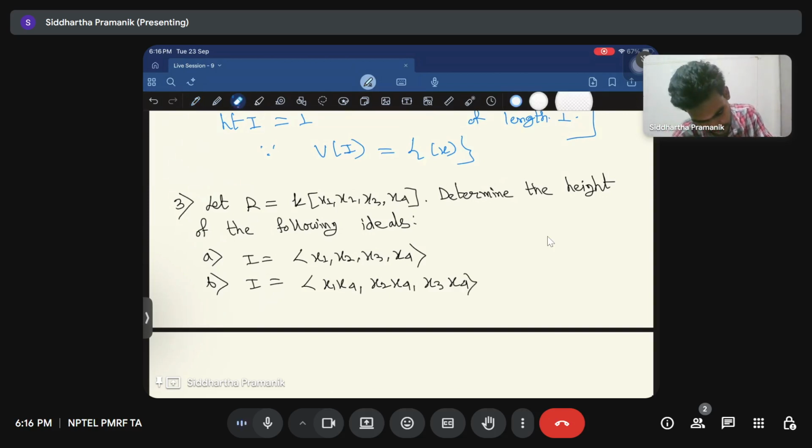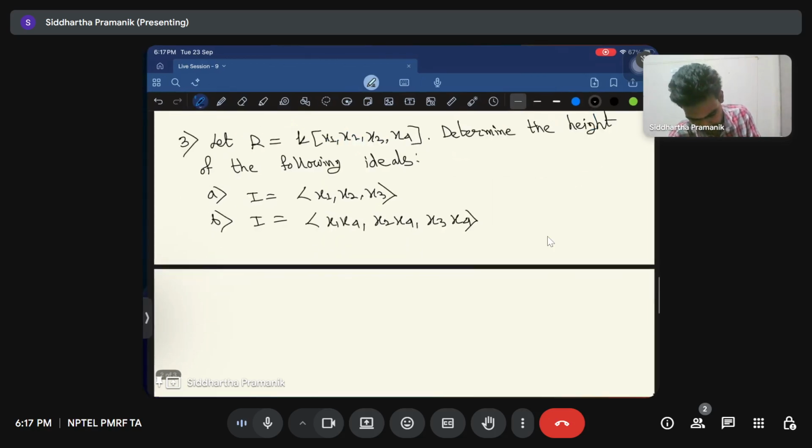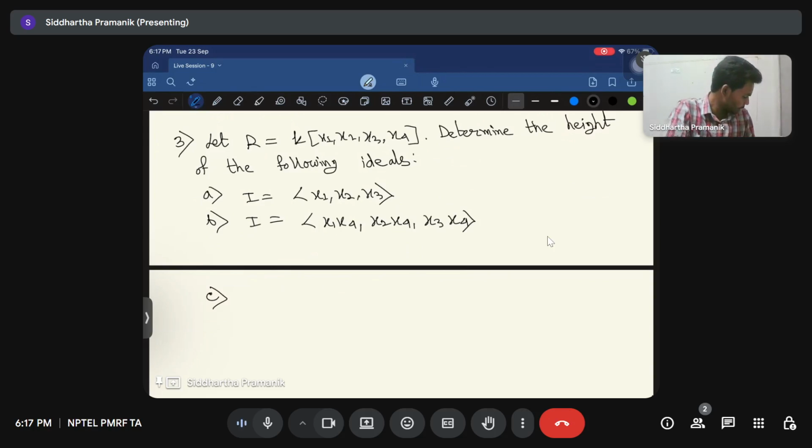Okay, here let's take up to x3. And C, we can take I equals the ideal generated by x1, x2 intersection with the ideal generated by x3, x4.